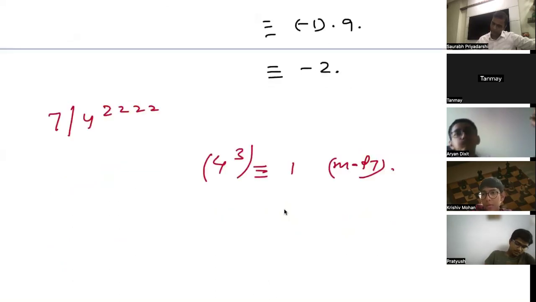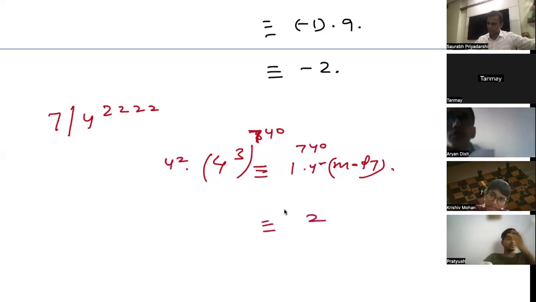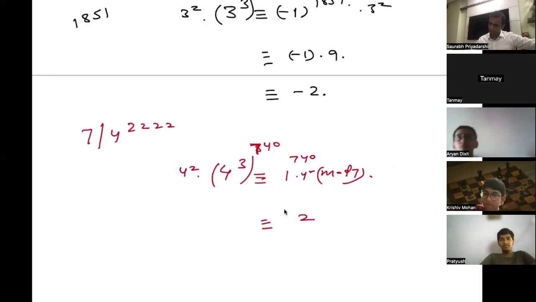And this 4 to the power 2222 equals 4 to the power 3 times 740, into 4 square, right? 16. This is coming as 2. So this is coming as -2, this is coming as 2. So remainder will be 0. Is this okay? Right?